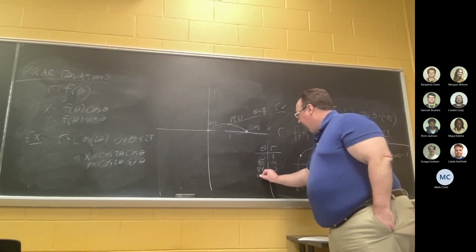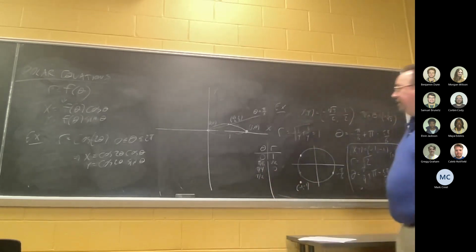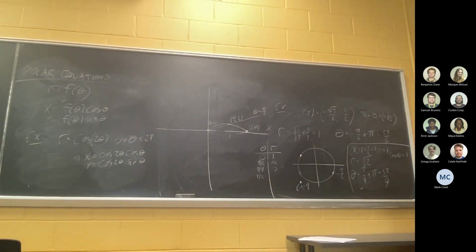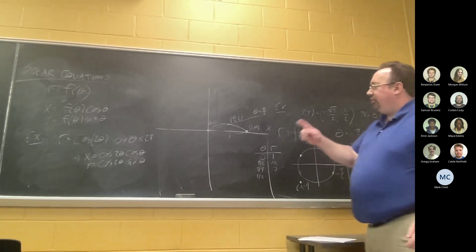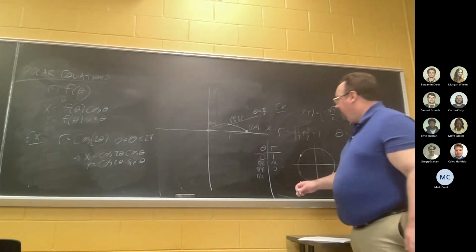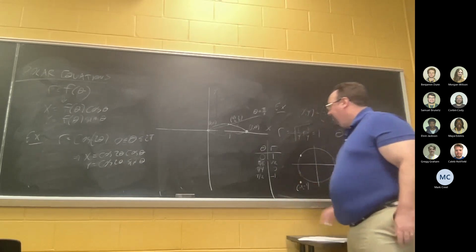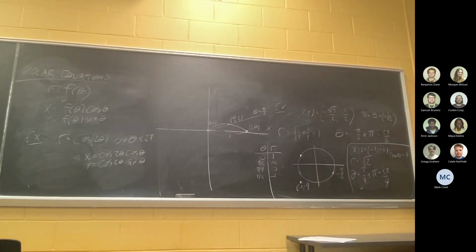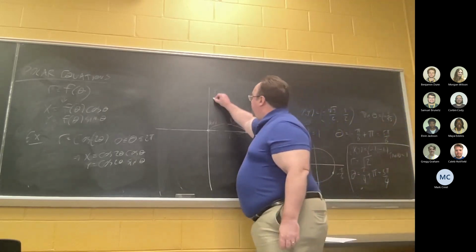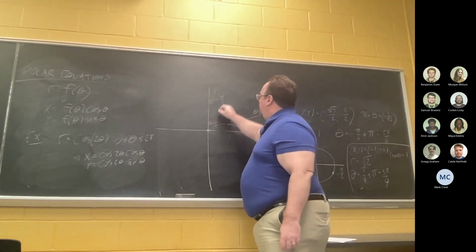Now if I go to pi over 2, what's my r gonna be in that case? Negative 1, because I have cosine of 2 theta, cosine of pi, which is negative 1. So how would I plot that? Well, theta equals pi over 2 is up here.